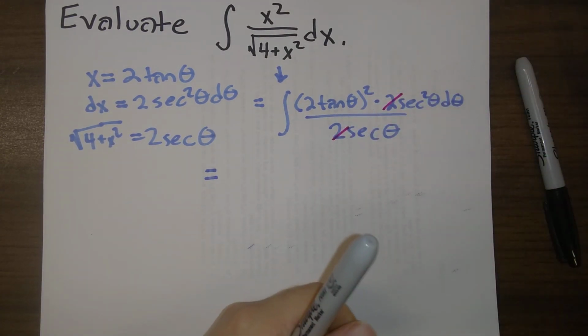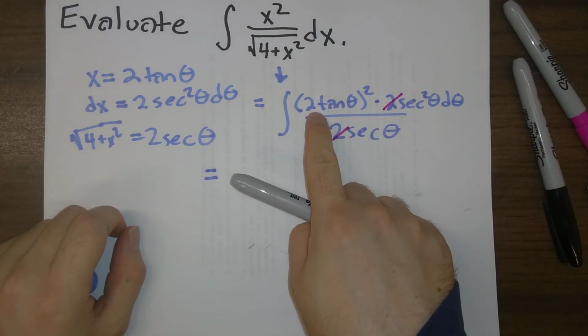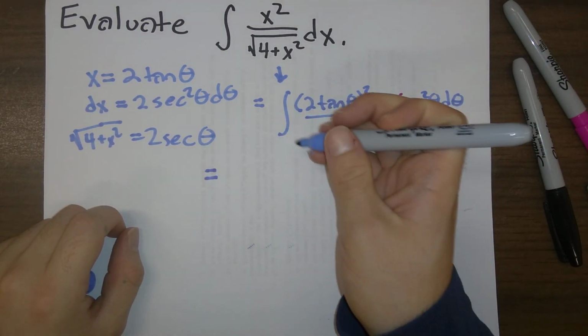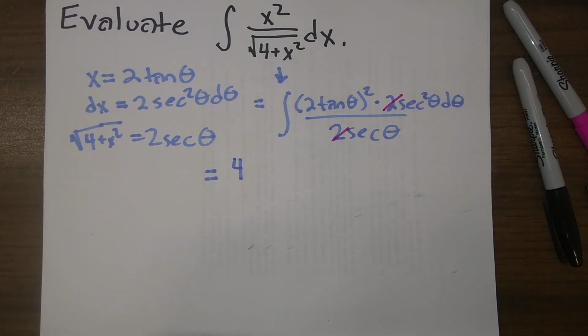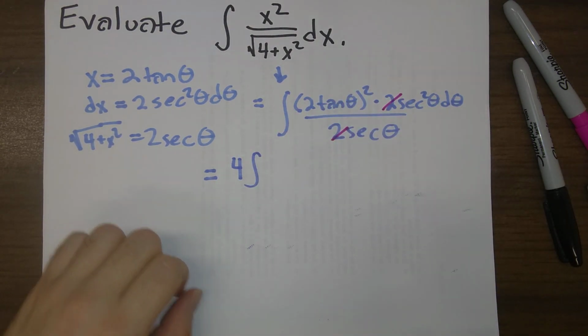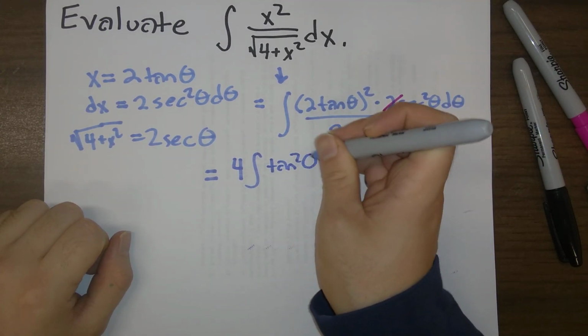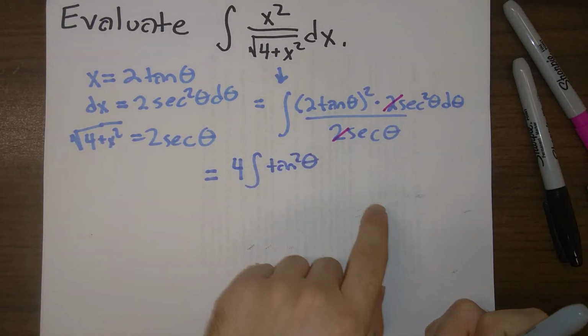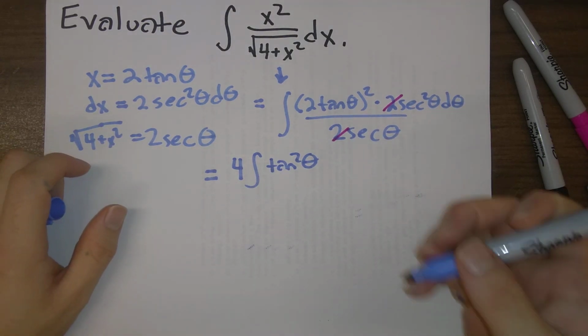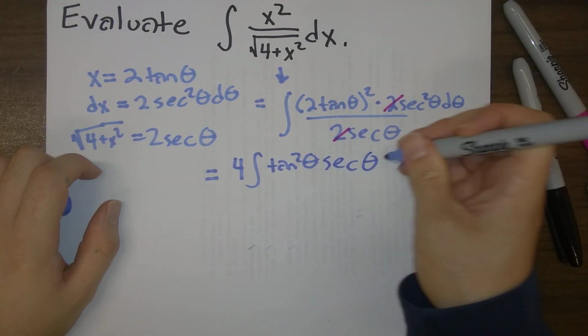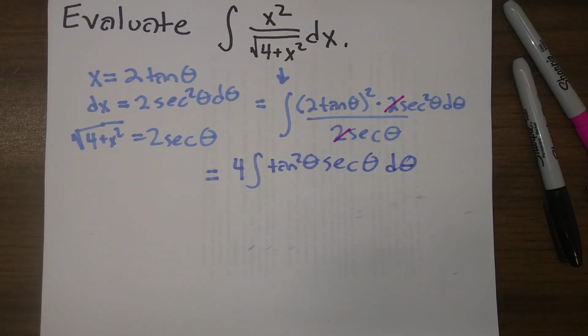That pair of 2's cancel out, and there's a factor of 4 that should come outside the integral. We have 2 tangents upstairs, and then we have 2 secants upstairs, 1 secant downstairs. So right now we want to evaluate the integral of 4 times tangent squared theta secant theta.